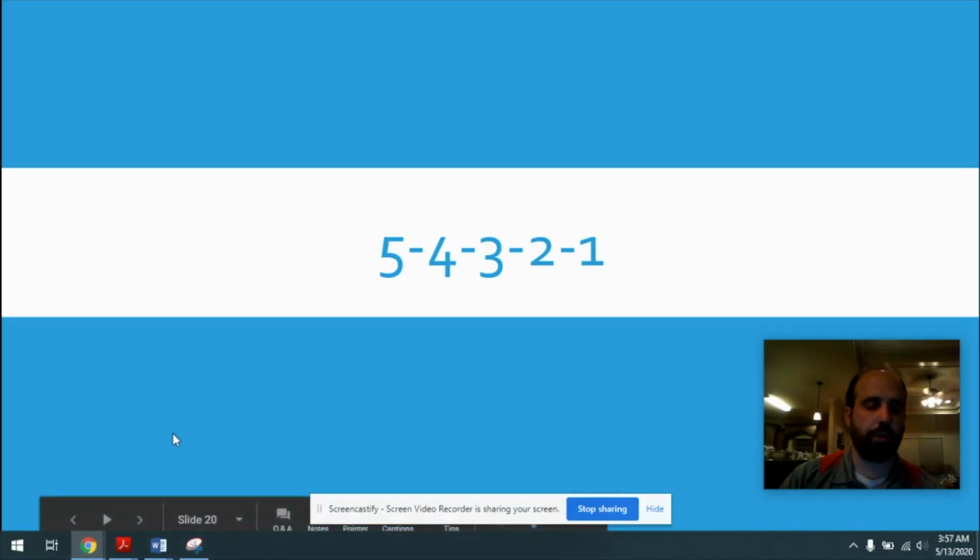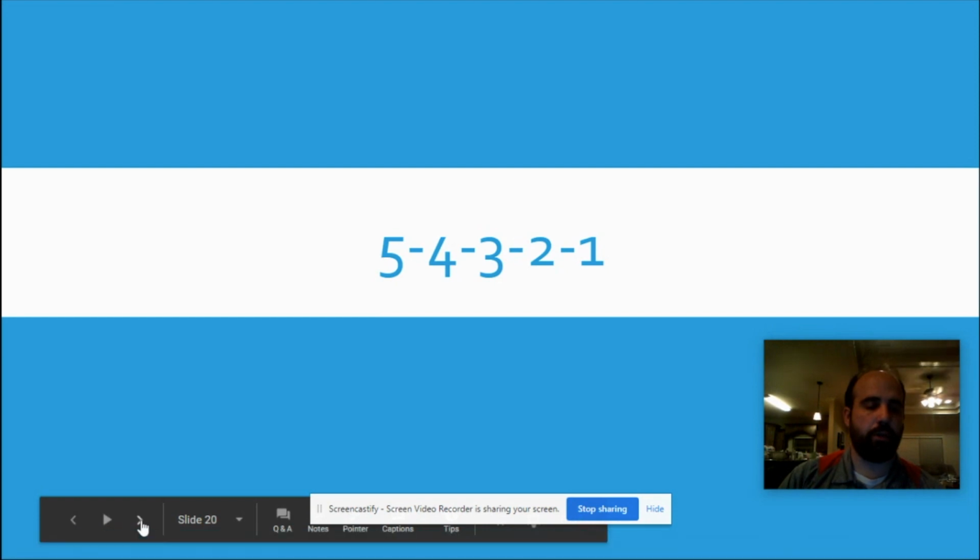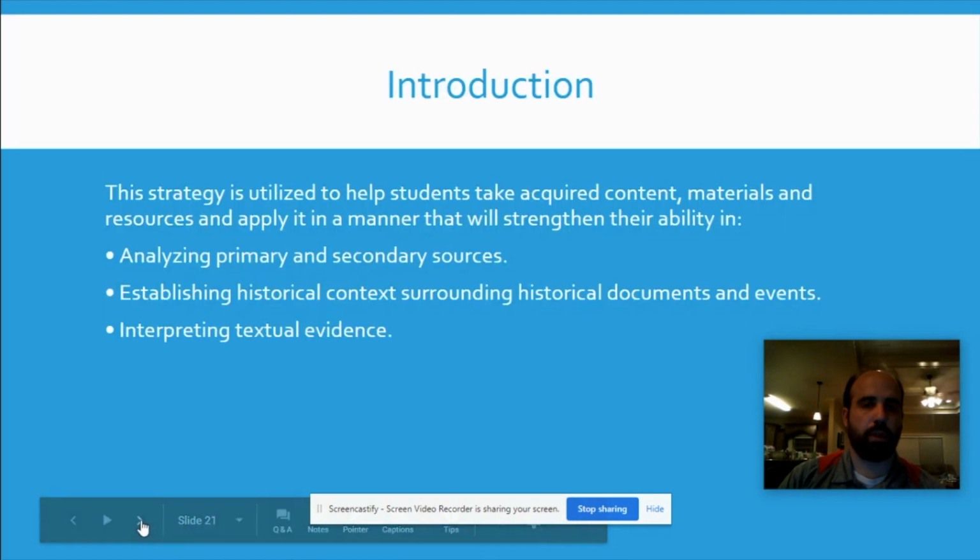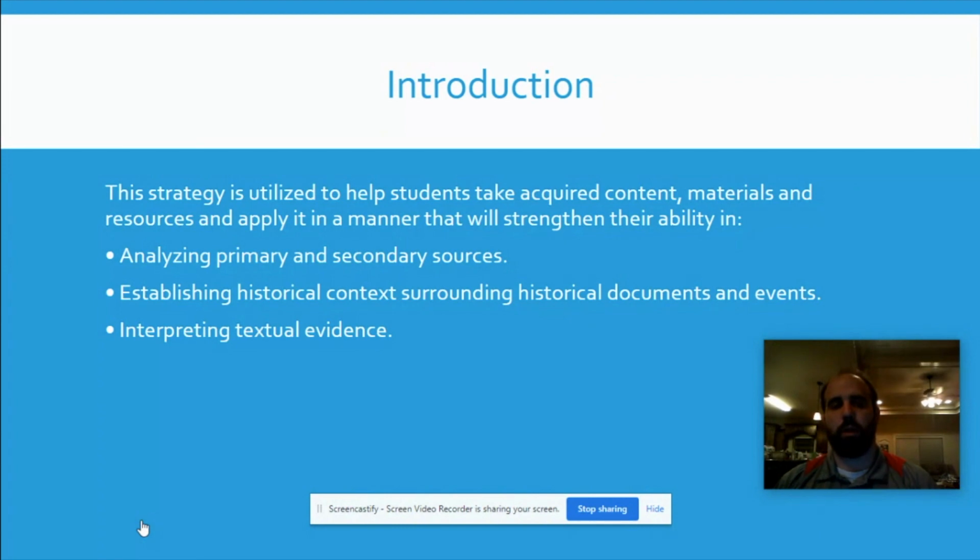And just to give you a quick introduction into the 54321, it is going to help us, one, in the analysis, again, of breaking down and analyzing the parts of primary and secondary sources, and our ability to apply the content knowledge that we've gained to these documents, really analyzing them and their importance.